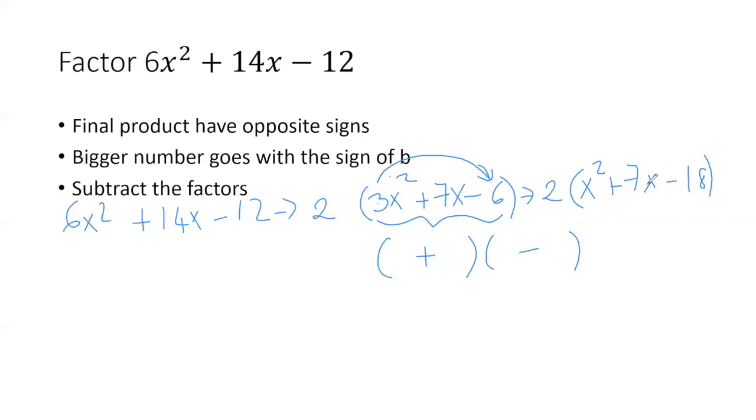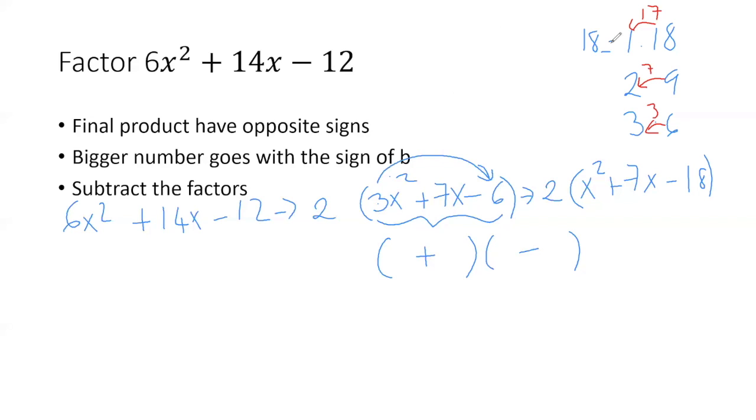From here, I will factor 18: 1 times 18, 2 times 9, 3 times 6. Next, I will subtract the factors. Again, negative c, we always subtract the factors. So 18 minus 1 gives me 17. 9 minus 2 gives me 7. 6 minus 3 gives me 3.